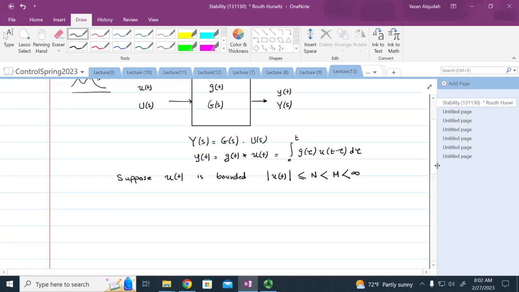And what we're going to do is calculate the output y of t. If we calculate the output and take the absolute value of that output, it is going to equal the integration from 0 to t, g of tau, u of t minus tau, d tau.